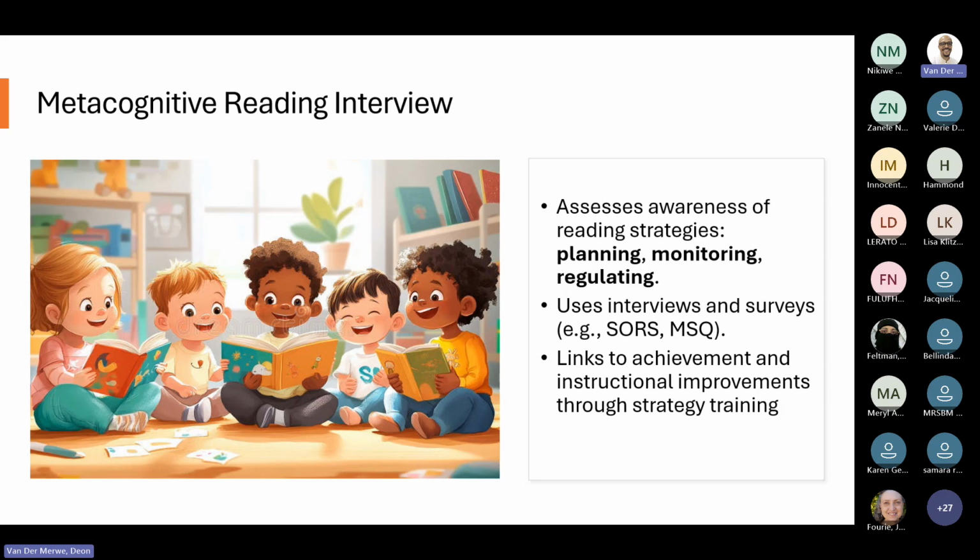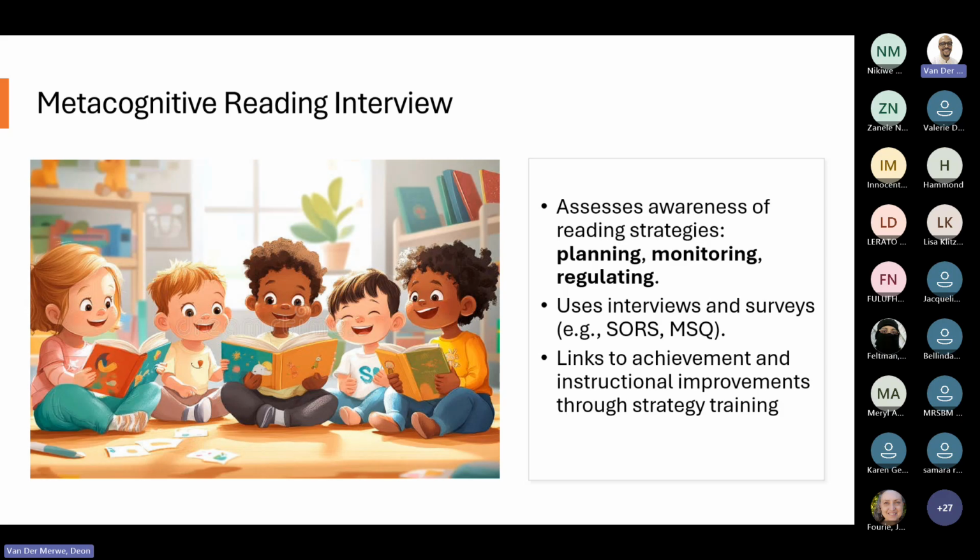And so the semi-structured interview will allow for deeper discussion, revealing the thinking behind their reading choices.